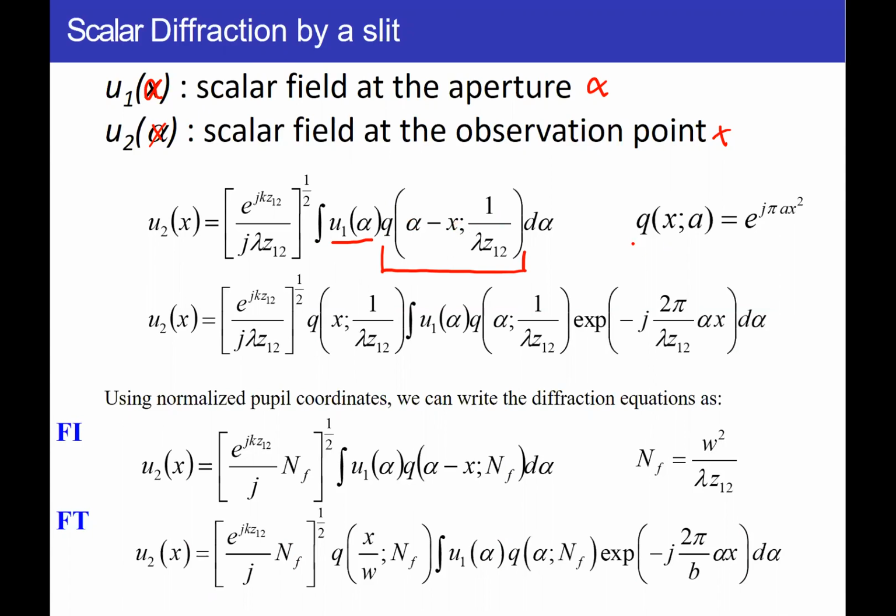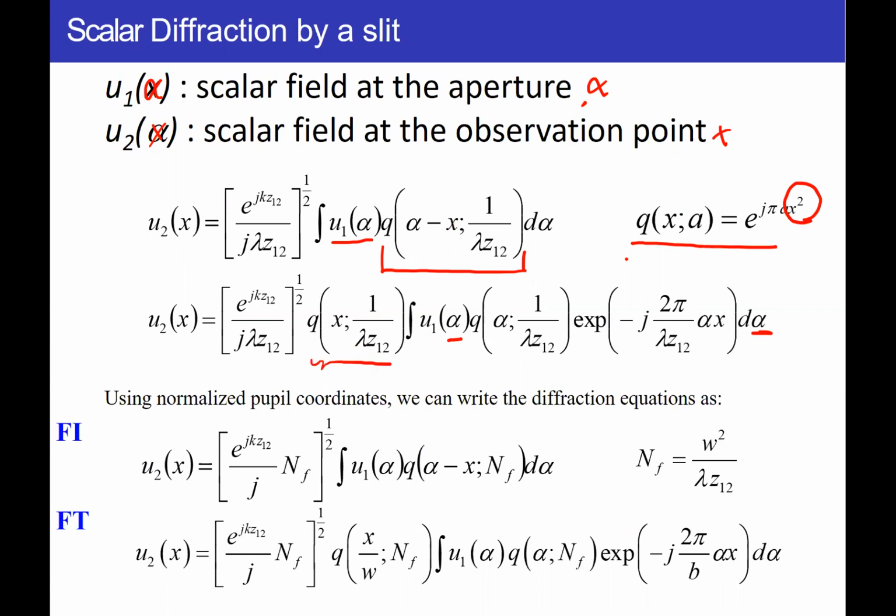And then it is given by this term, okay, quadratic phase. And because it is only an integral over alpha, which is the aperture plane coordinate, the x is independent of the integral, and that is coming out, and then you can check it.